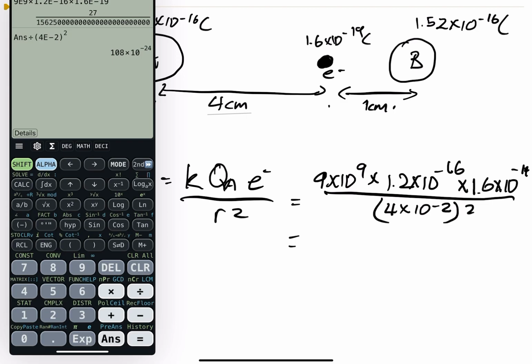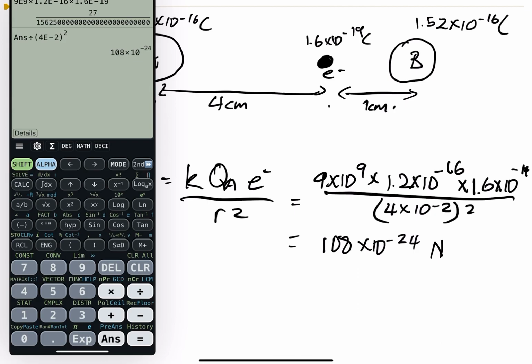All right, so I've got that very big answer there, which is, you can say 108, that's minus 24, that's newtons. Alternatively, I'm not too sure if my answer is absolutely correct. Please, you'd have to check that for me.